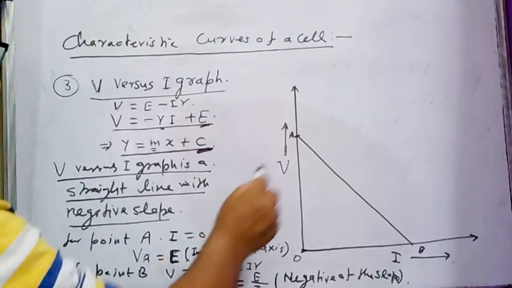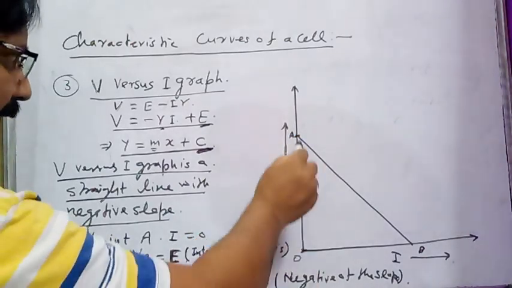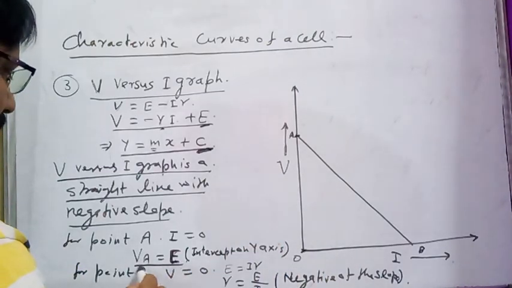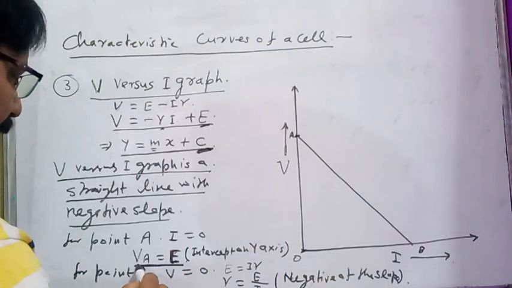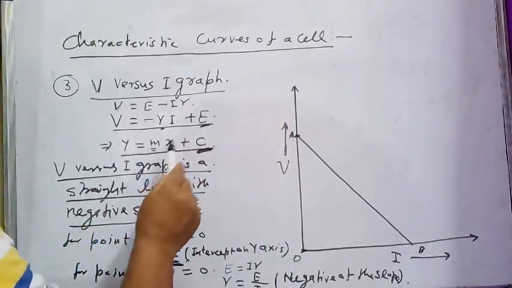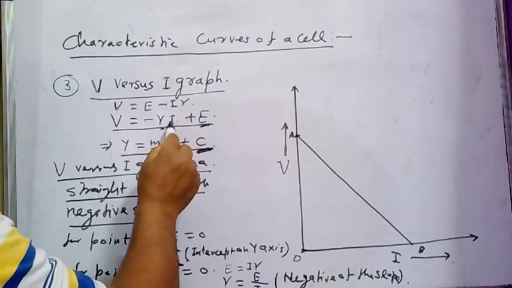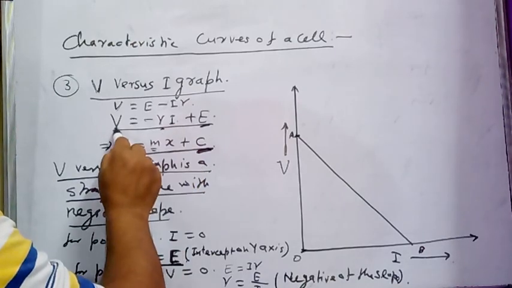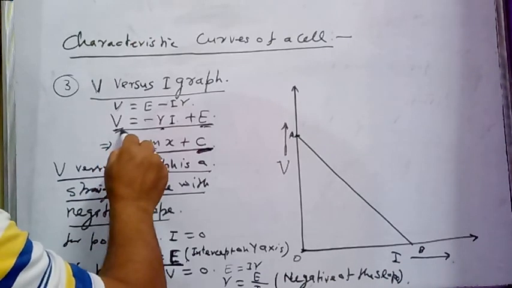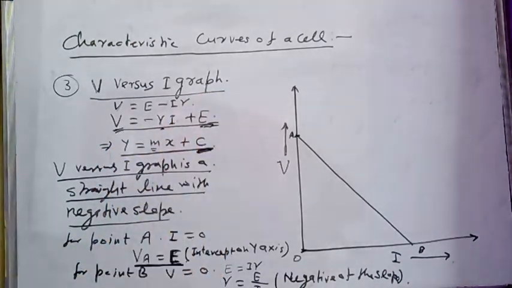If current I in the circuit is 0, the cell terminal potential corresponding to point A is going to be equal to the EMF of the cell. By the relation, if the value of I becomes 0, V is going to be E, meaning cell terminal potential is equal to the EMF of the cell.